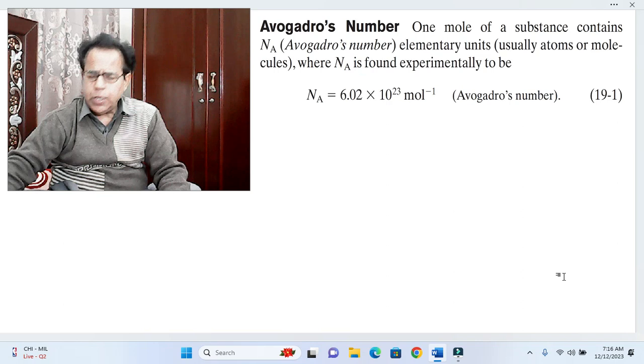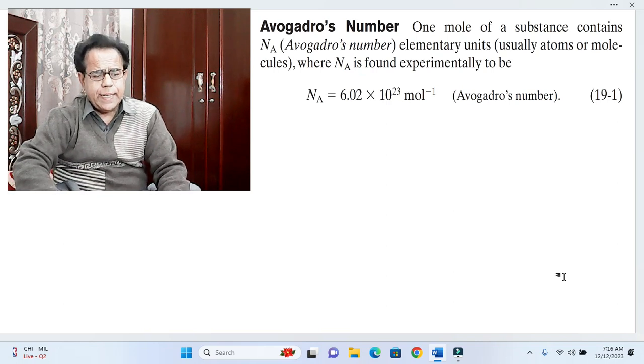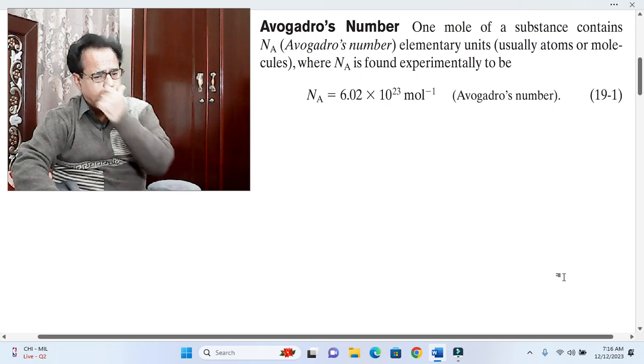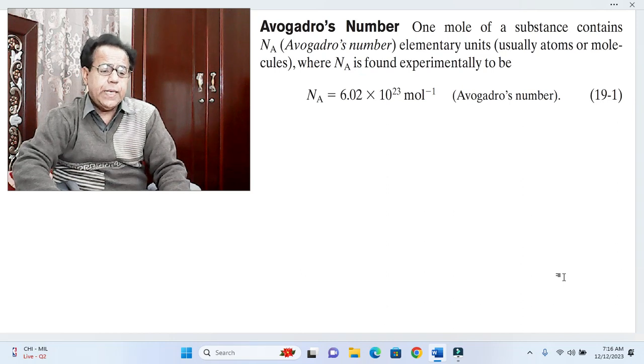One mole of a substance contains N_A elementary units, usually atoms or molecules, where Avogadro's number is denoted by capital N with capital A as a subscript.